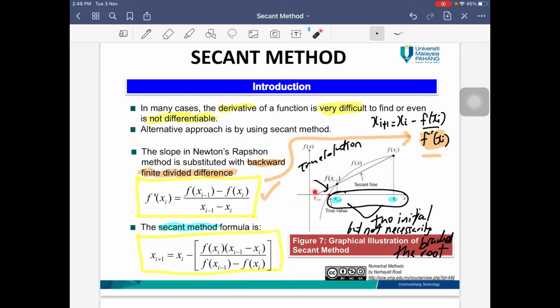Then we will have the value for x i plus 1. The formula for this secant line comes from the backward formula, and then rearranging, you will get the secant method's formula.